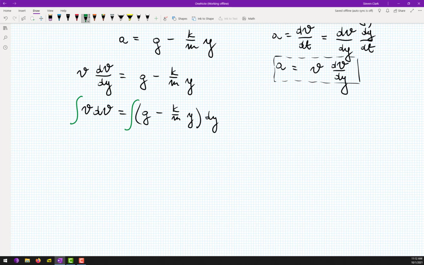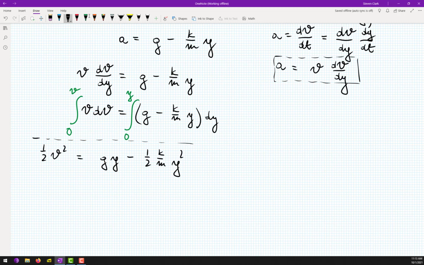And when it comes to integration bounds, I believe that our system starts at deflection 0 and it starts at rest. Yes, and we will end up at some deflection y with some velocity v. Okay, these are our integration bounds. Let's integrate. 1/2 v squared is equal to gy minus 1/2 k/m y squared. Perfect. We have our equation of motion on the velocity level.